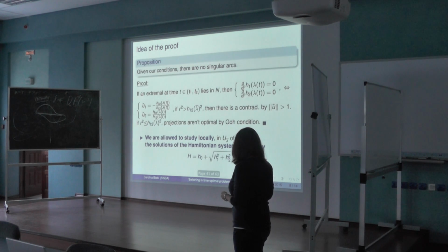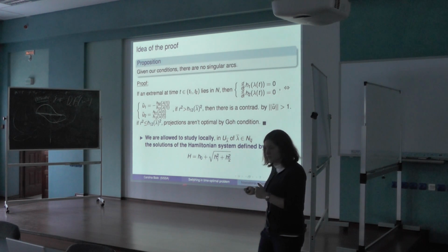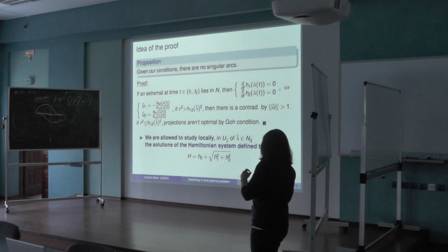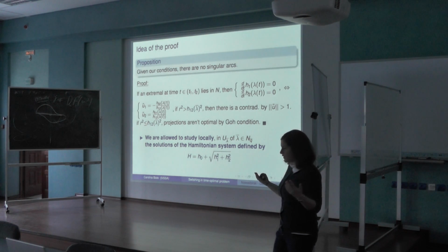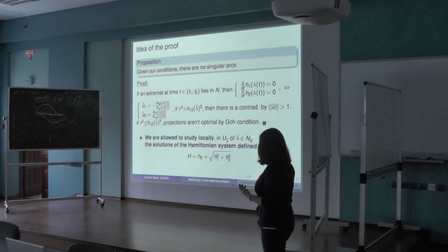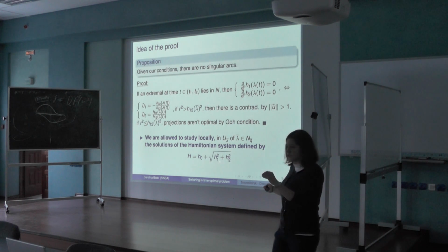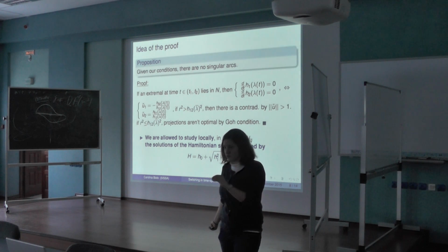So this result allows us to study directly the Hamiltonian system, the smooth Hamiltonian system from this Hamiltonian that is moved out of our singular locus, and we can study it in a neighborhood of a point of the singular locus in which the right-hand side of this Hamiltonian system is discontinuous.